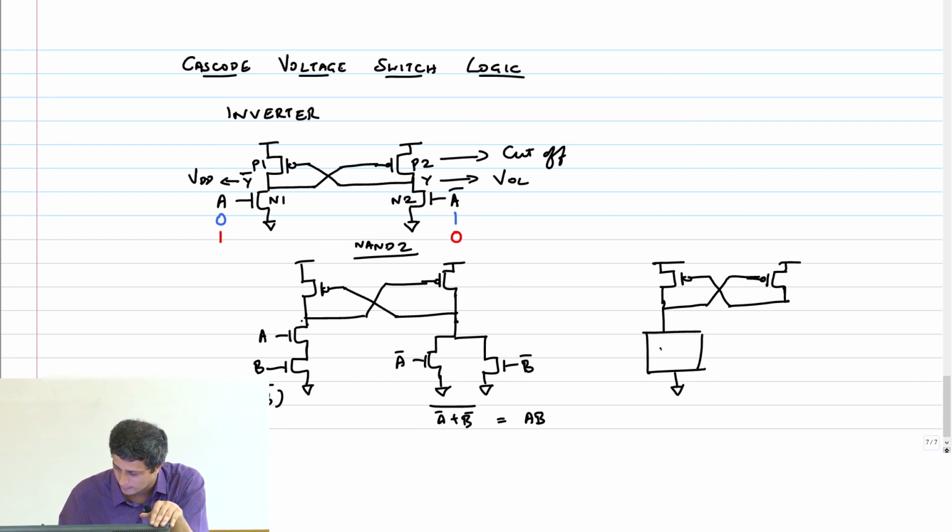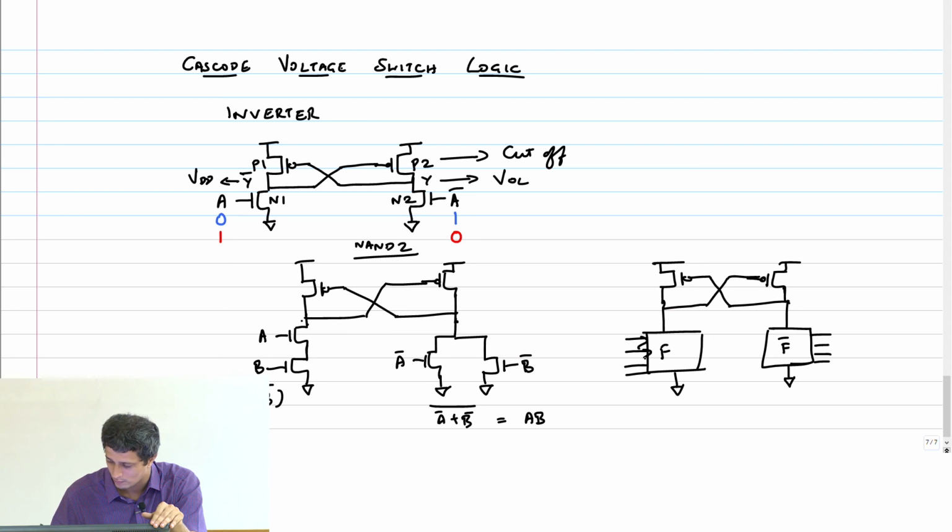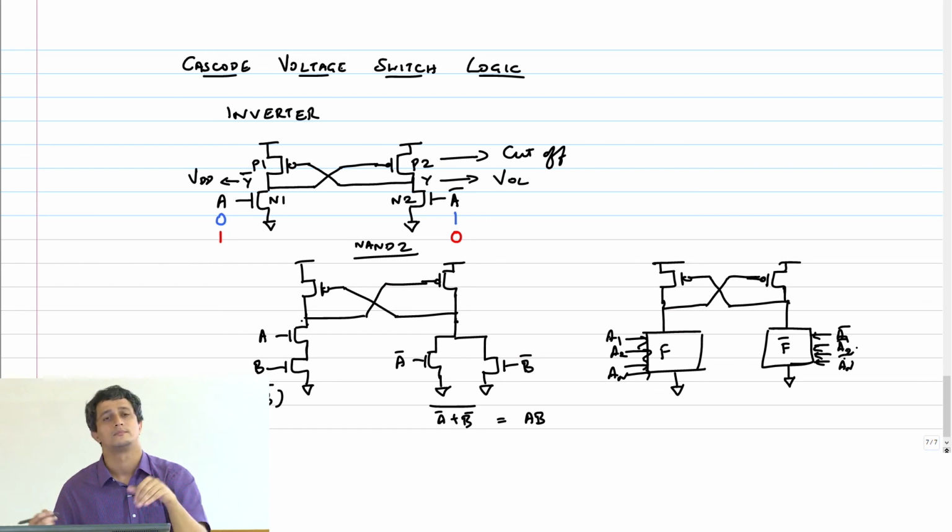You implement the function f here. Then you implement the function f bar here. And the inputs are connected to these guys. A1, A2, AN, A1 bar, A2 bar, AN bar.